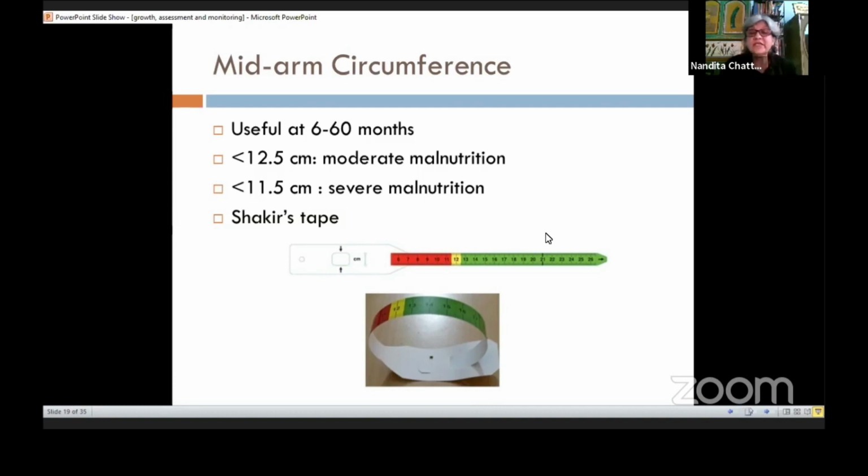Shakir's tape is another instrument, made out of paper, of common use by health workers, which has color tips, red, yellow, and green, which indicate whether the child is going into malnutrition or not.